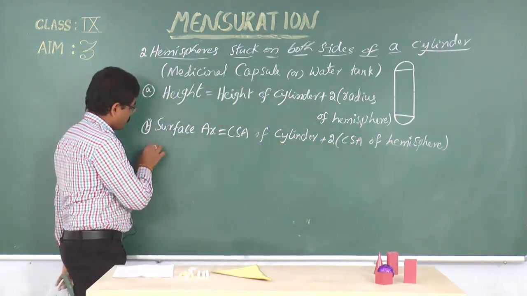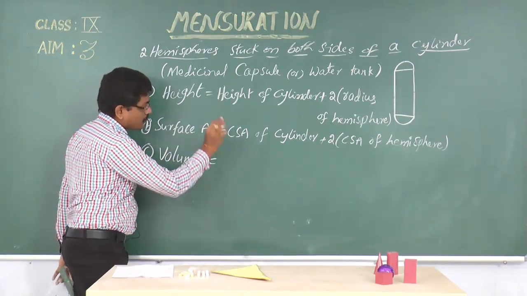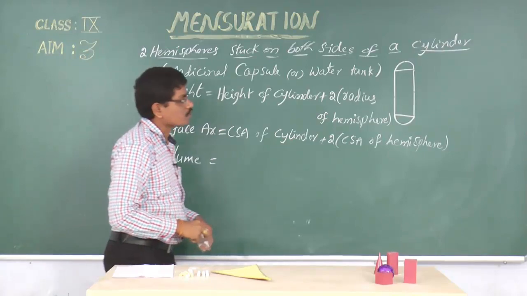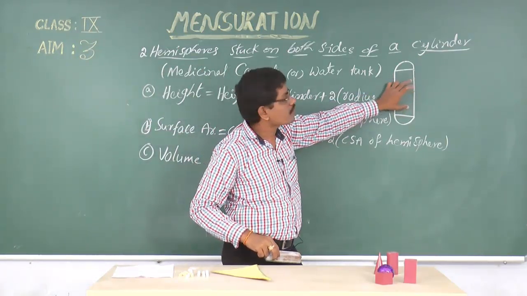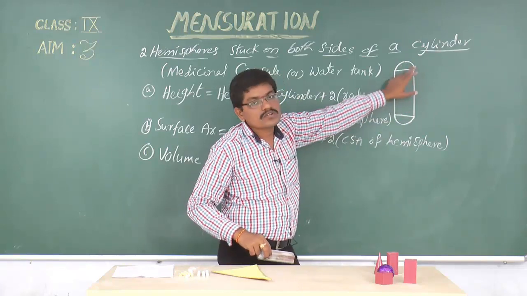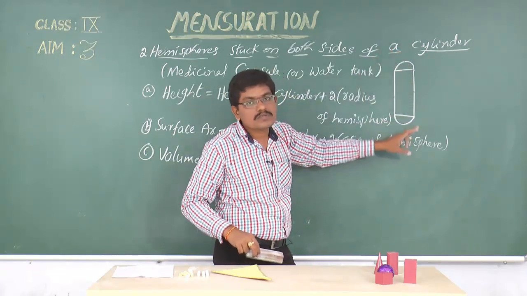Next, volume. To get the volume of this solid, we have to add the volume of 3 solids, that means cylinder volume plus hemisphere volume plus hemisphere volume.